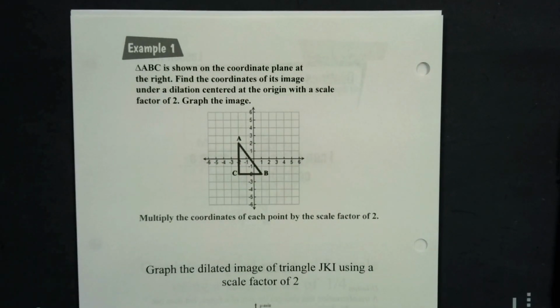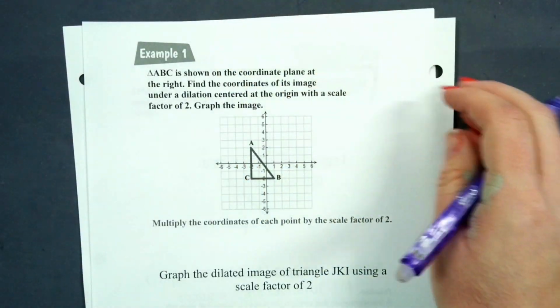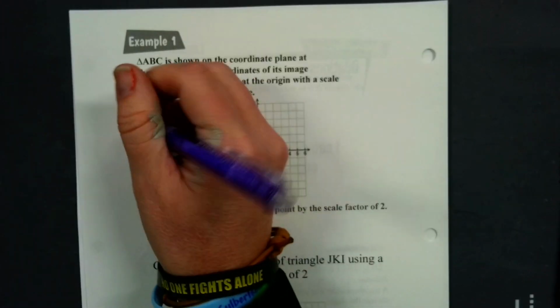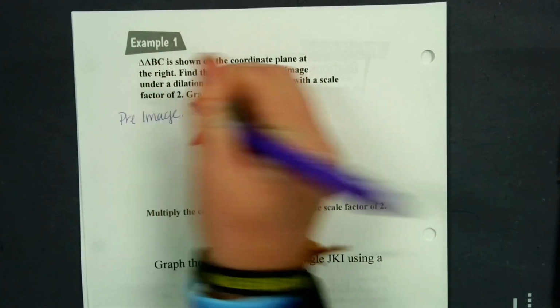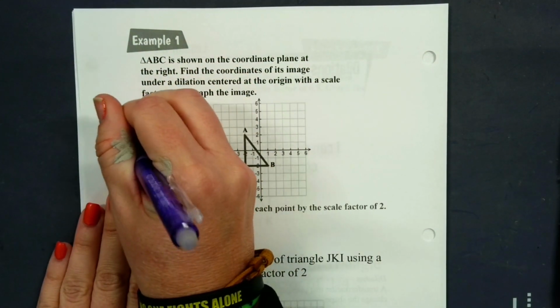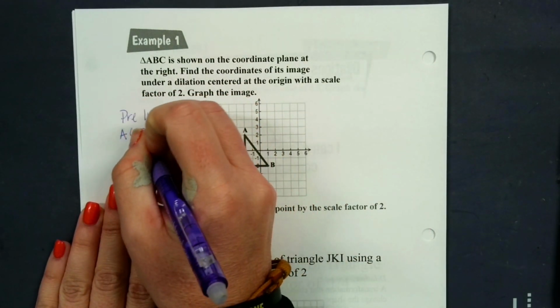Triangle ABC is shown on the coordinate plane at the right. Find the coordinates of the image under the dilation centered around the origin with a scale factor of 2. So first of all, we got to write our pre-image coordinates. So A, what's the coordinate for A? -2, 2.